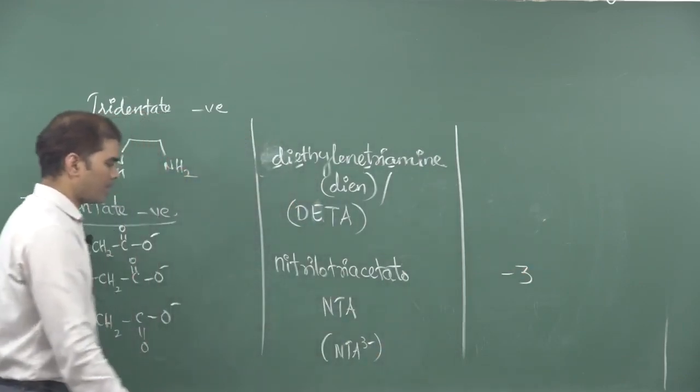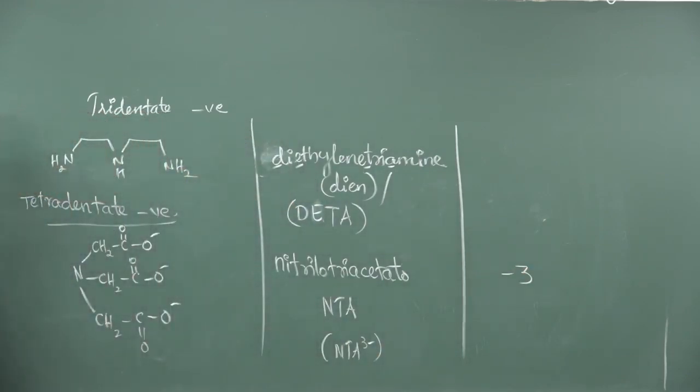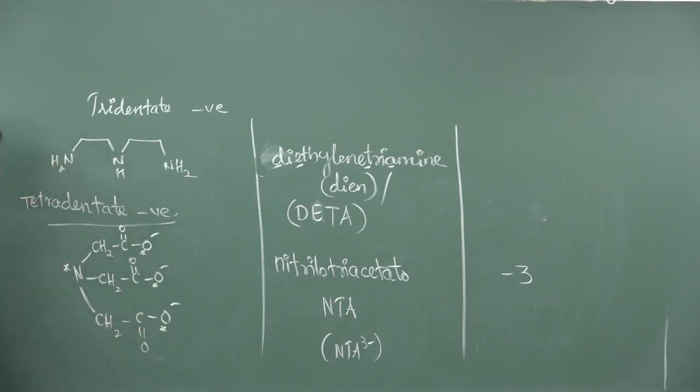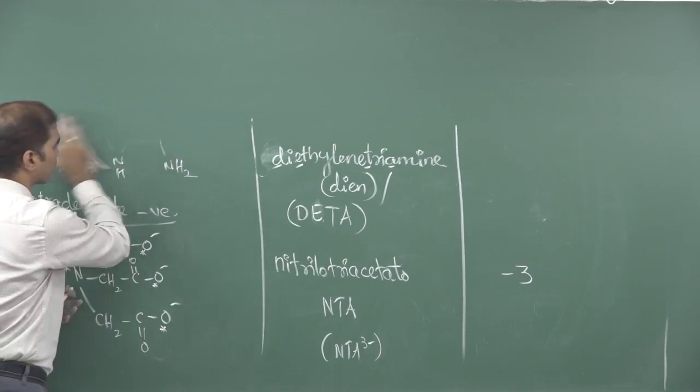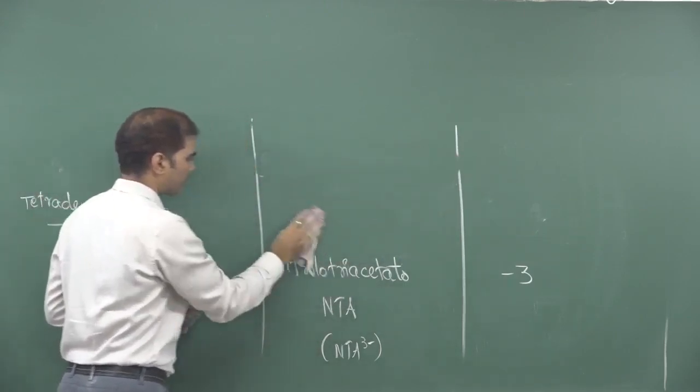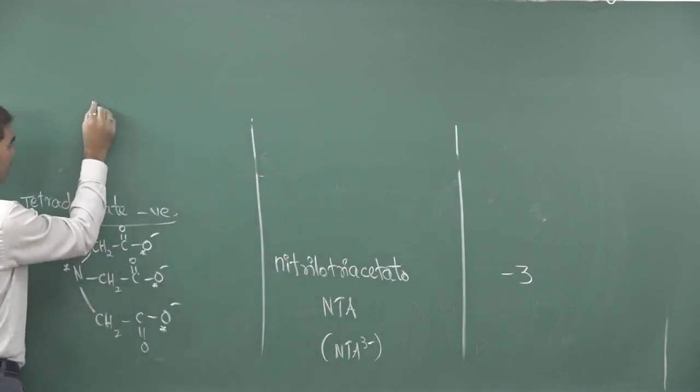So here itself you are knowing the charge. Altogether there are 3 negative charges, 3 oxygens and 1 nitrogen, tetradentate negative. Then tetradentate neutral.